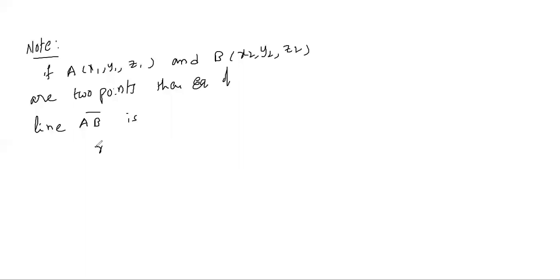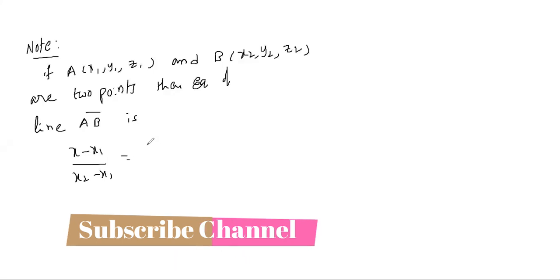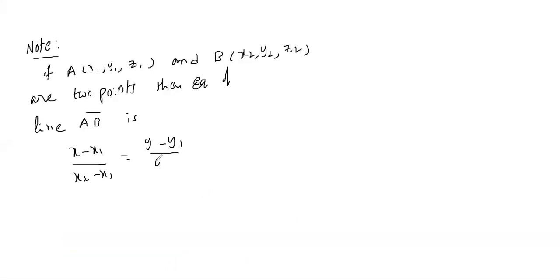The equation of the straight line is (x minus x1) by (x2 minus x1), (y minus y1) by (y2 minus y1), (z minus z1) by (z2 minus z1).